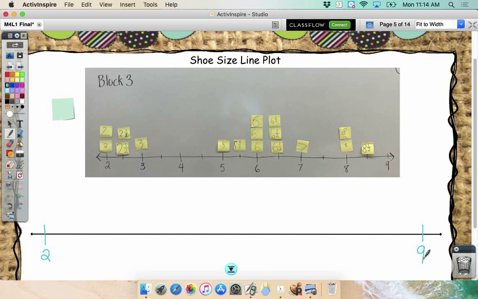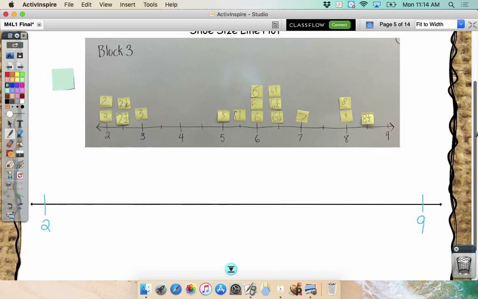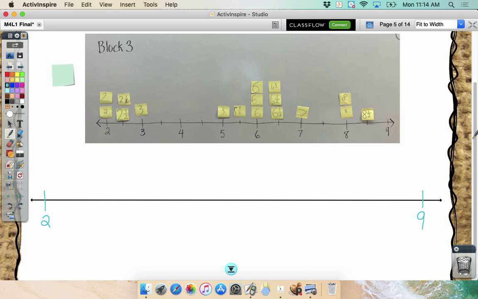Okay. Now between each of those numbers, you're going to need 7 spaces. So just do your best to make 7 spaces. I think that's going to be 6 tick marks. And then go ahead and add your whole numbers.